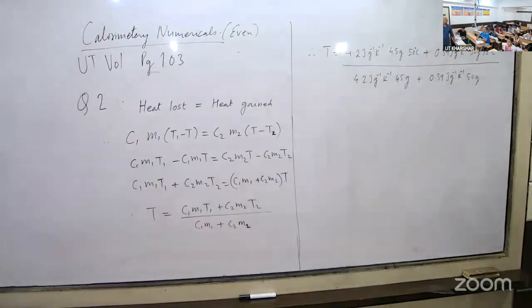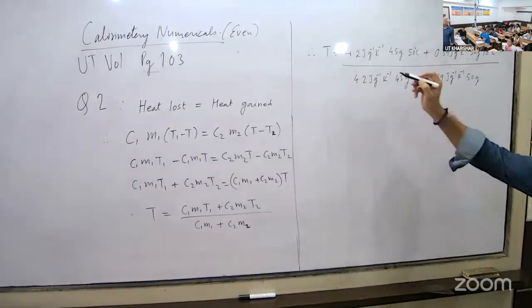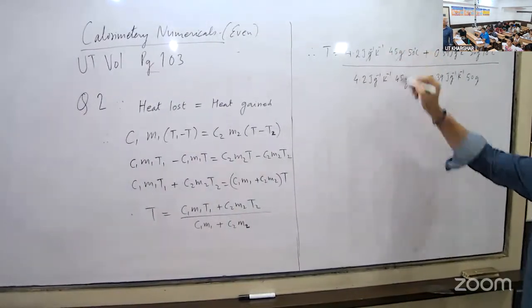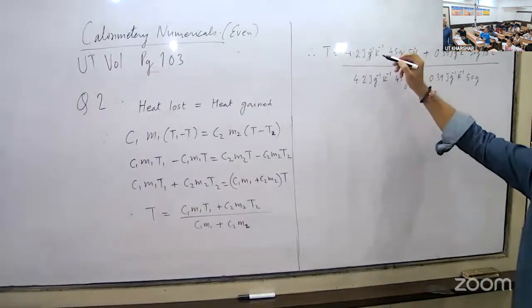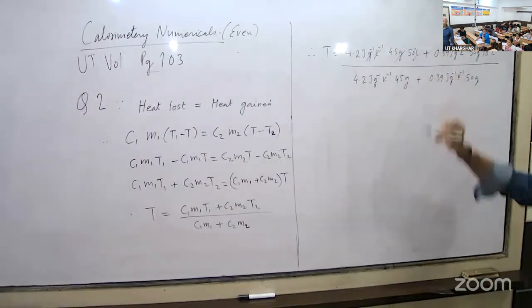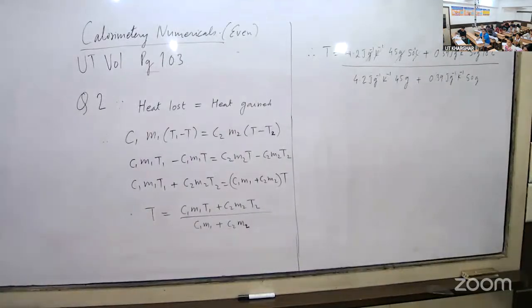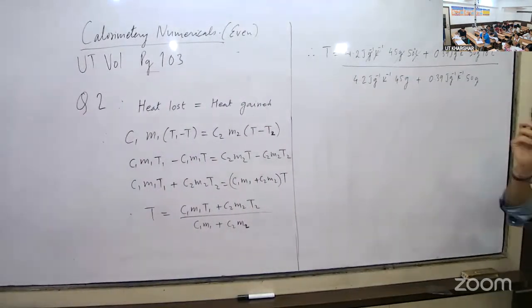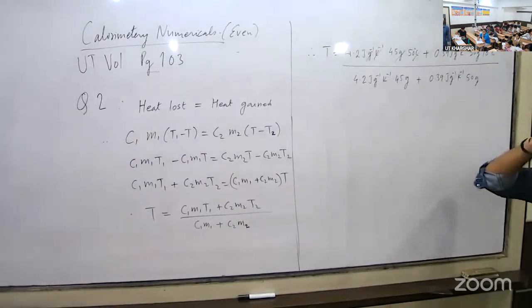Now I have written the units here just to show you the calculation. Here per gram will get cancelled by this gram, and per Kelvin will get cancelled by Celsius, because Kelvin and Celsius are the same. On the Kelvin and Celsius scales, per Kelvin and per degree Celsius are the same, so this will get cancelled.